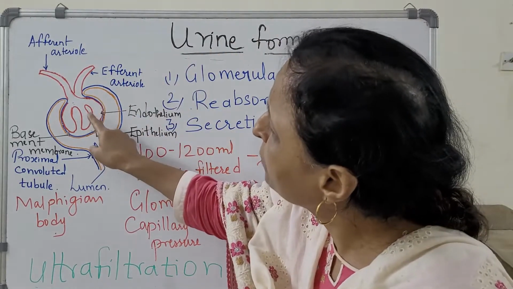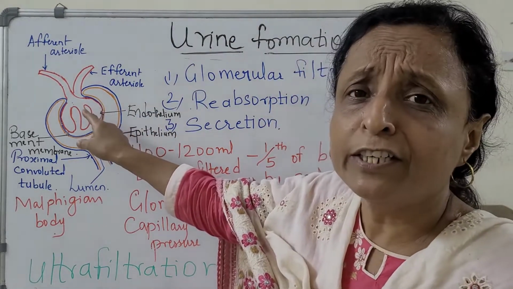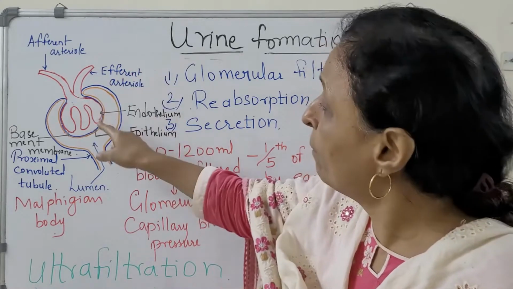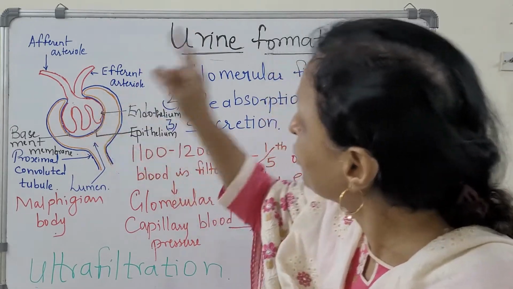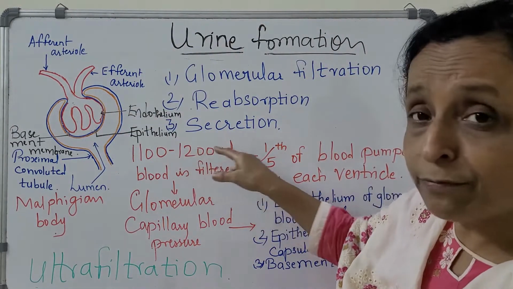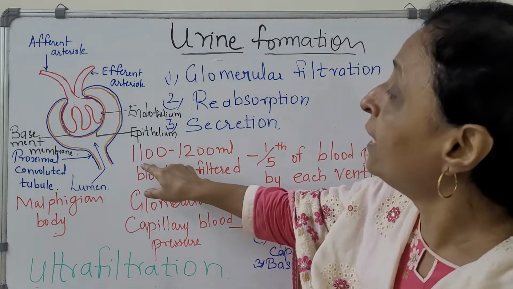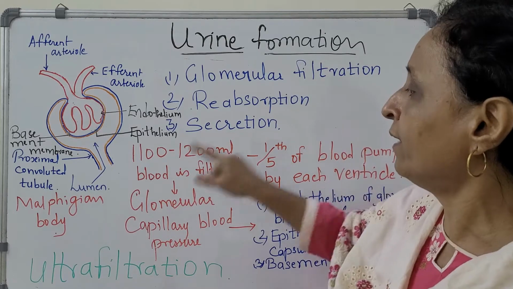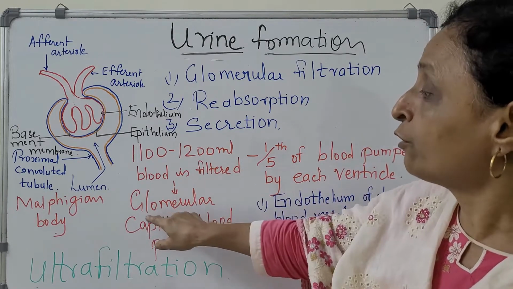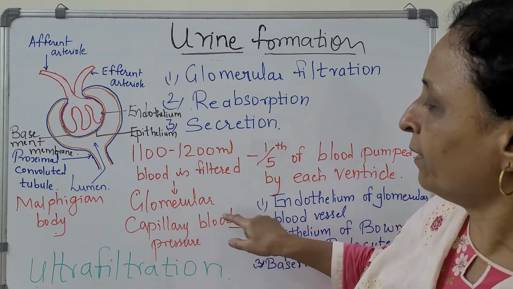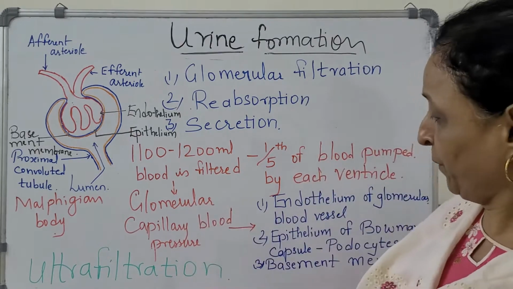So how much blood is filtered? This is the glomerular filtration pressure which makes the blood filtered. So how much blood is filtered? 1100 to 1200 ml of blood is filtered through the glomerular capillary blood pressure.